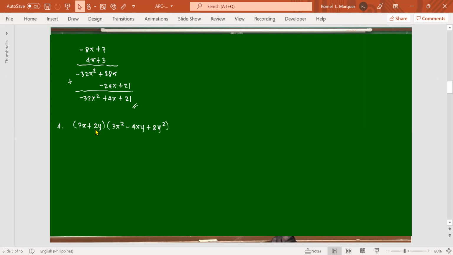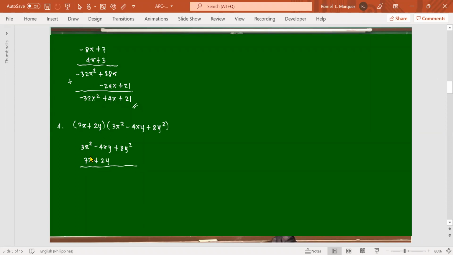If you have a binomial multiplied by trinomial, I think better to have it in terms of what, guys? Vertical multiplication, huh? So copy. This time, you copy the one having more terms first, no? The one having more terms is the second factor. And then below it, the one having fewer terms.